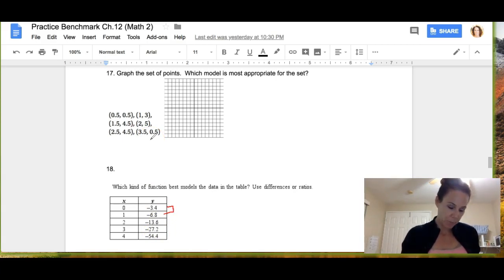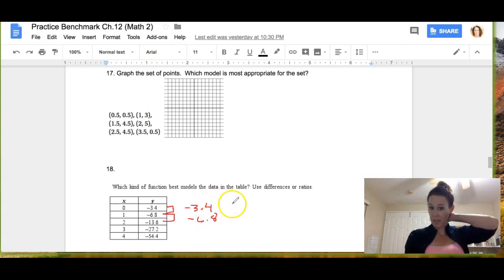To get from -3.4 to -6.8, I'm going to subtract 3.4. Now to get from -6.8 to -13.6, I'm going to subtract 6.8. So it's definitely not constant.